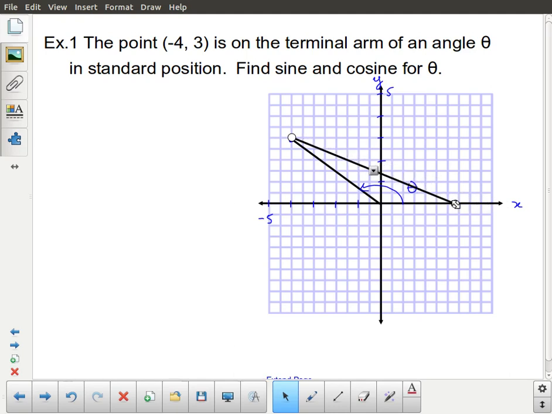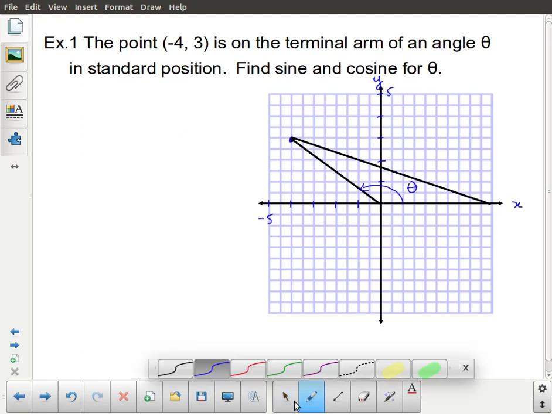Do these different triangles actually have anything to do with the angle theta? And the answer appears to be no. The angle theta is completely independent of where I choose to draw this last leg of the triangle. So I'll just put it there for convenience, but you need to understand that it doesn't actually matter.